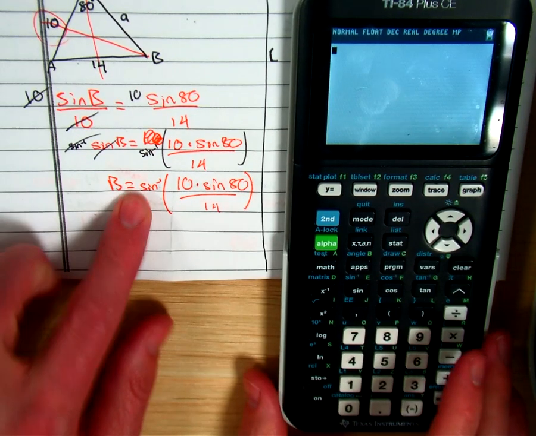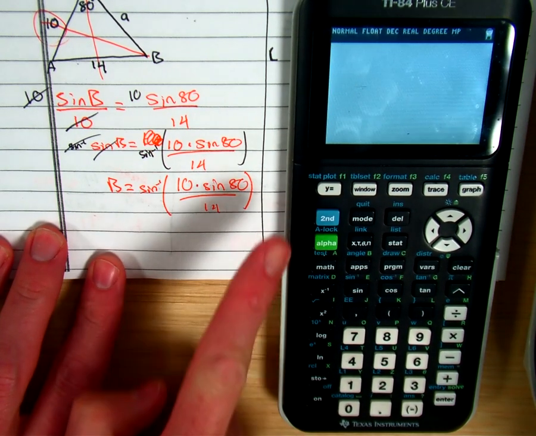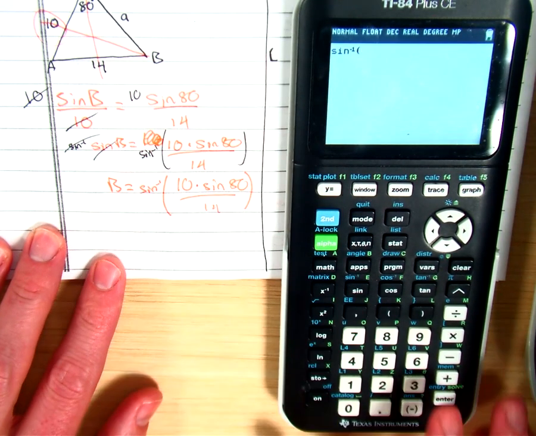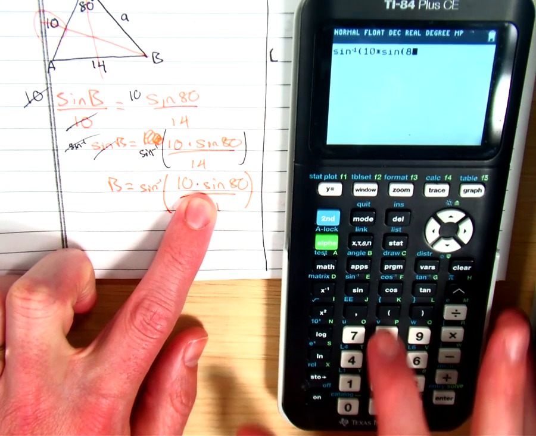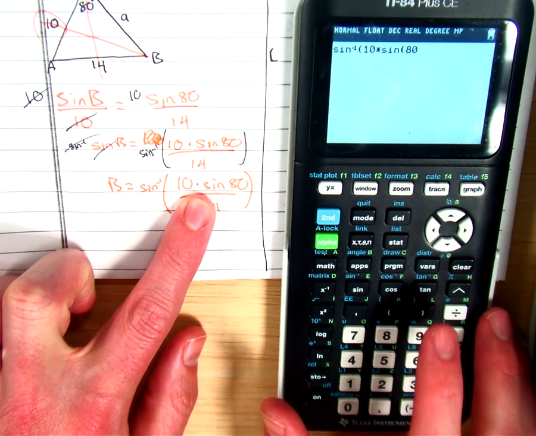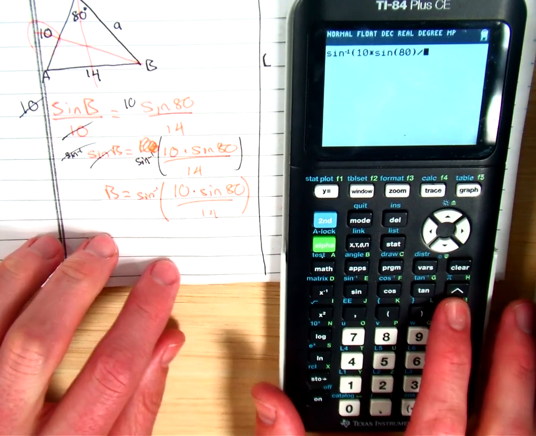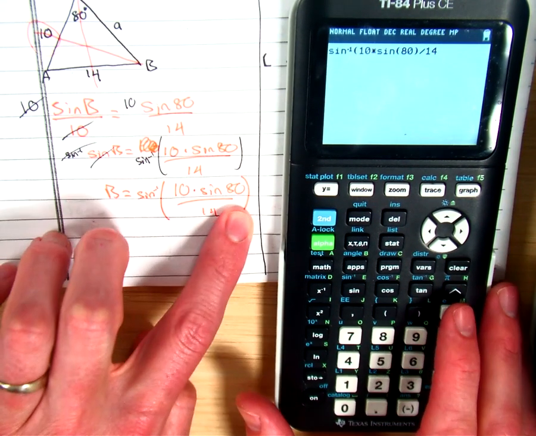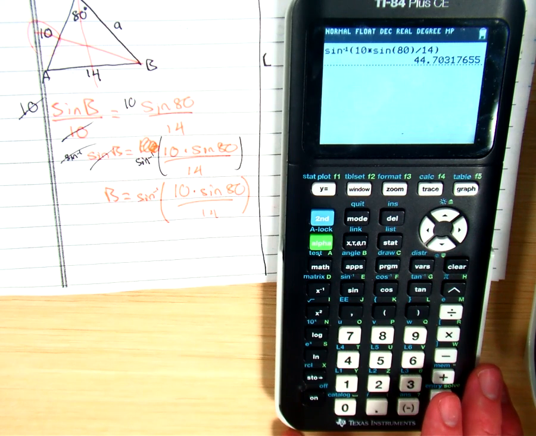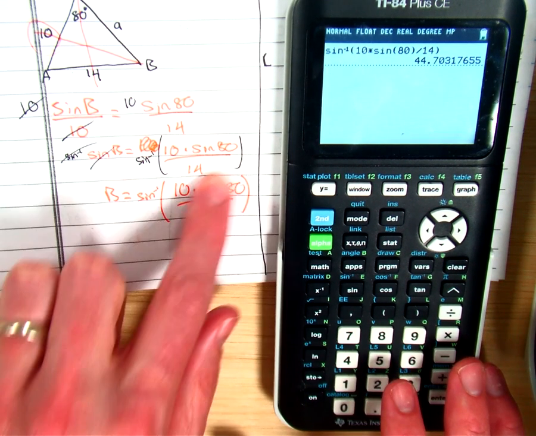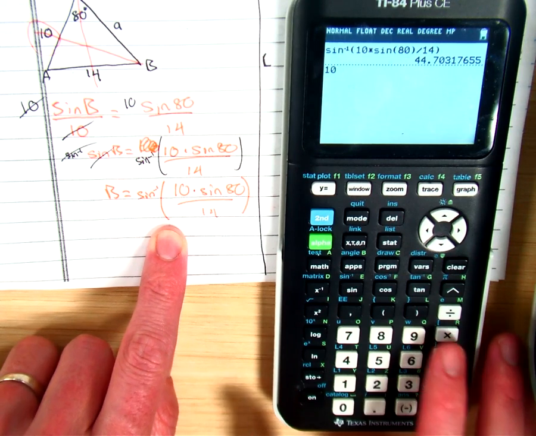Sine inverse is going to be second sine. I'm going to go 10 times sine of 80. Make sure we close those parentheses up. Divided by 14. And now we close the outside parentheses up. 44.7 degrees. Some people like to ignore the sine inverse and do that stuff first.